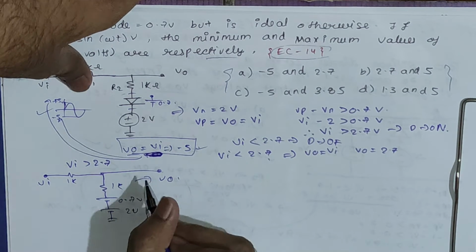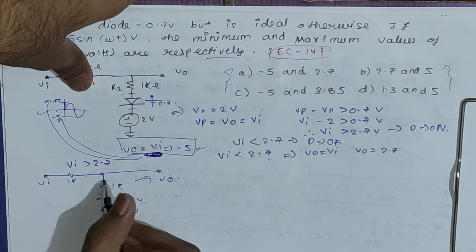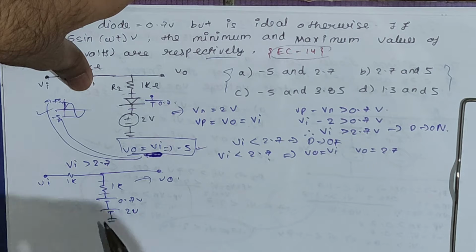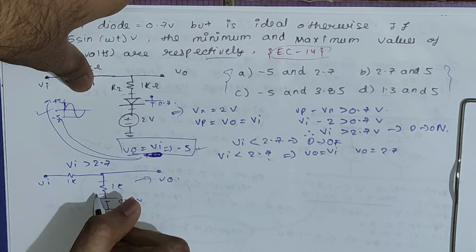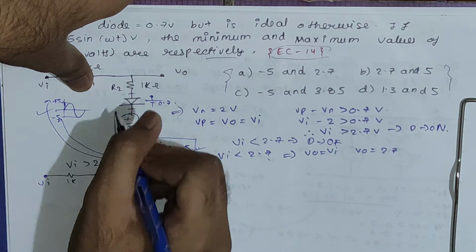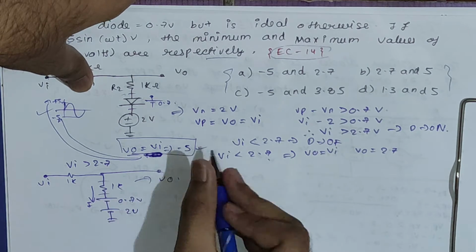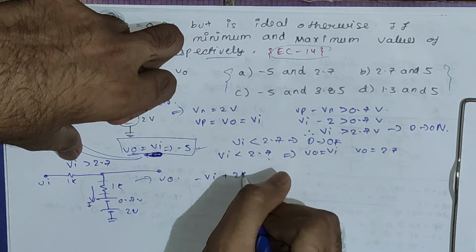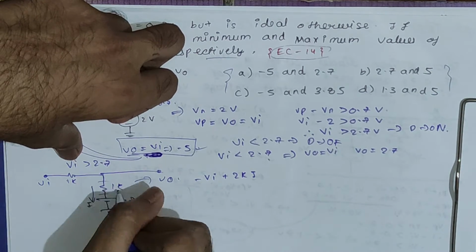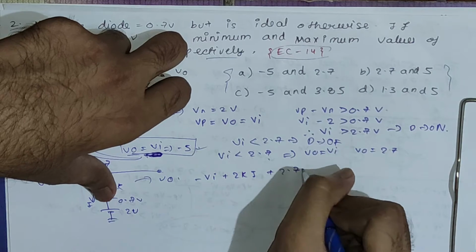For that we must know the voltage across this resistor first, so we will first find out the current. Since this diode is forward biased, the current will always flow from anode to cathode, so the current will flow like this. If we apply KVL we get -Vi plus 2kI, this 1k plus 1k, 2kI, plus 2.7 volt equals 0.